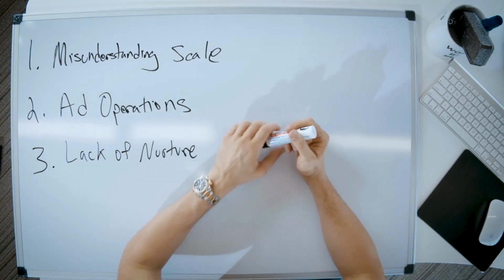So the first thing is misunderstanding scale. Most people think that they're spending, say, $100 a day, and they're like, all right, I'm spending $100 a day, but every time I try to scale, it falls apart. It doesn't matter if it's YouTube, Facebook, Instagram, whatever you're spending money on paid traffic, $100 a day is nowhere near scale.